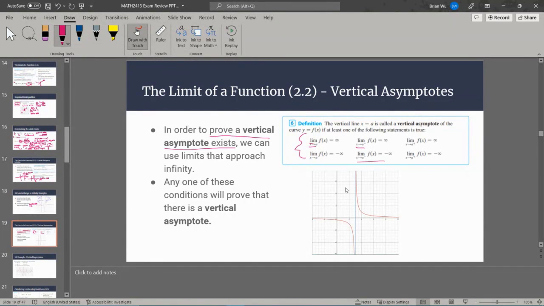So if you want to prove that there is a vertical asymptote at 3, you would just have to use one of these, from the right side, and then from the left side, you prove that one of these is infinity or negative infinity in order to prove that there's a vertical asymptote at this equation.